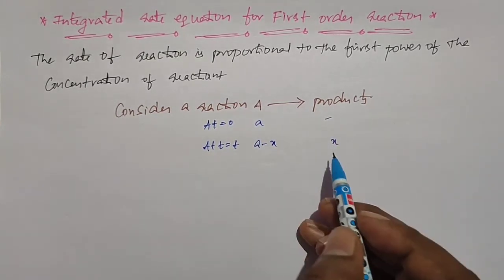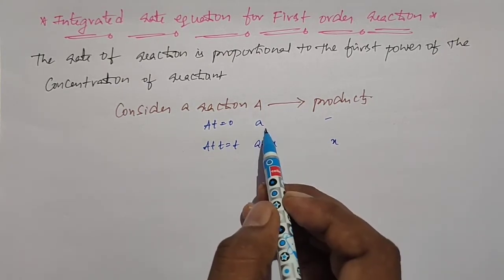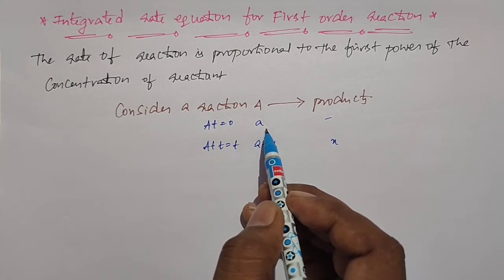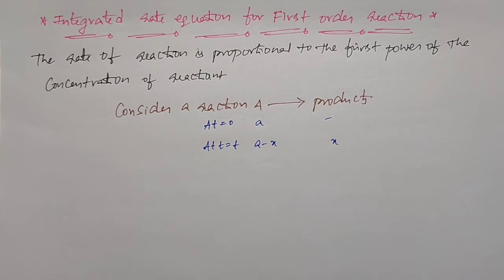So here x moles is the number of moles of reactant changed into products, a is the initial moles of reactant A, and a minus x is the number of moles at time t. So the rate of reaction at time t is directly proportional to the concentration of A at that time.